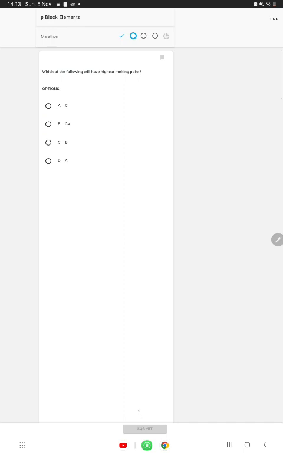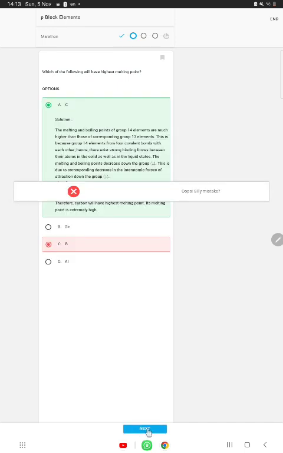Which of the following has the highest melting point? Carbon, silicon, boron. Carbon. The melting points of group 14 elements are much higher than those of the corresponding group 13 elements.